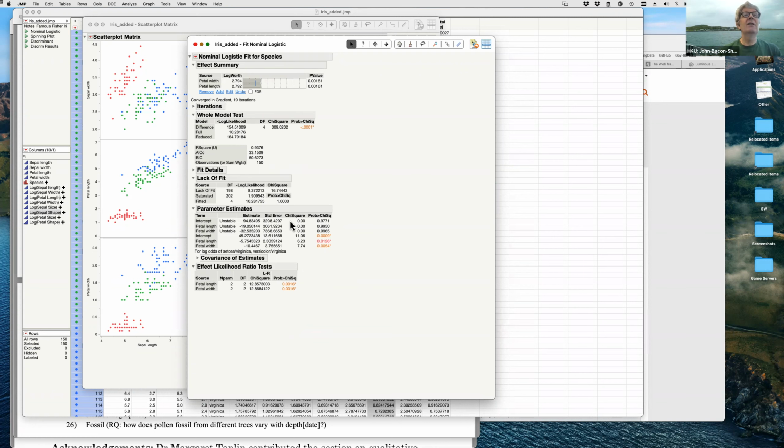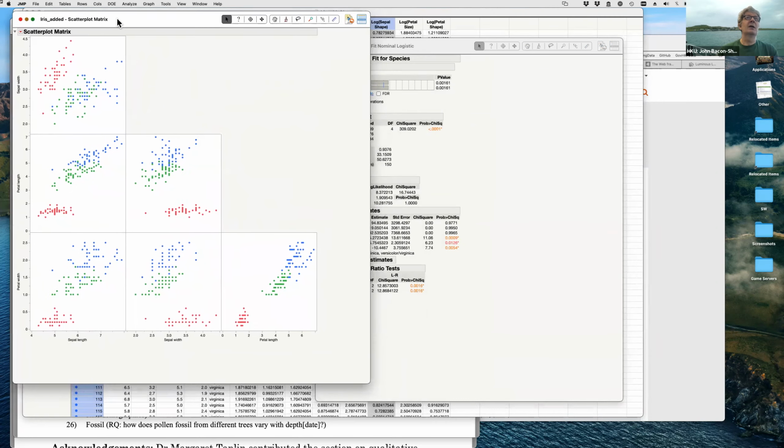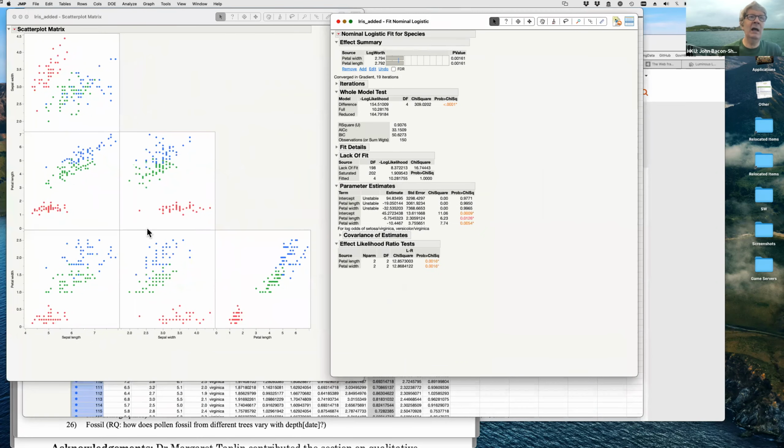Now it does say that there is some instability here to the petal length and width. Why is it unstable? It's unstable because what we have on this graph is what we call complete separation. Because we can completely distinguish this species from the other two, trying to get a model that predicts membership of the red group is very hard, because there's a whole range of predictions for which this will work.